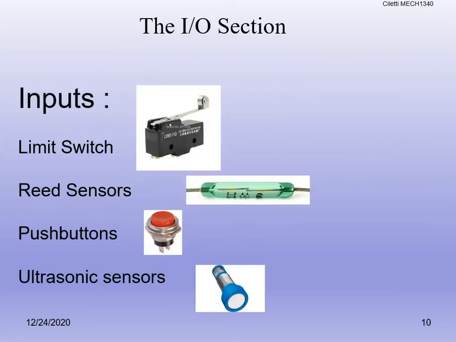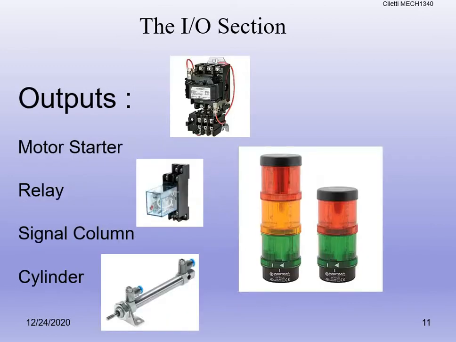Okay, so let's talk about the I/O section. We've been doing this in a lot of the classes. We've seen all these in the electrical class, even all the way back to digital electronics. We have limit switches, reed sensors, push buttons, ultrasonic sensors. Those are all getting tied into the inputs on our PLC. Some things that we have on the outputs are our motor starter, our relays, our signal column, our cylinders.